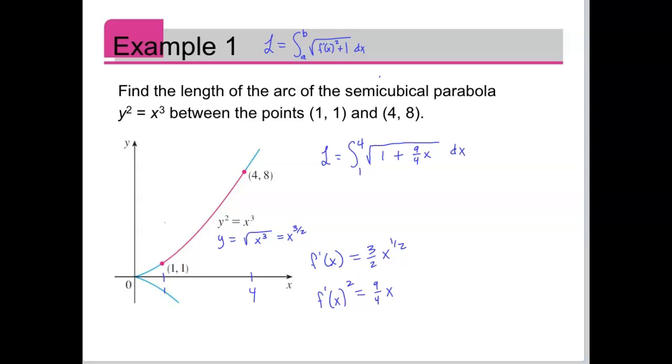So this one I noticed that there's only an x underneath the square root, so I should just be able to u sub this. If I let u equal what's under there, then du is 9/4 dx, which is just a constant multiple, so I can just move that over with the du, right? So 4/9 du is dx.